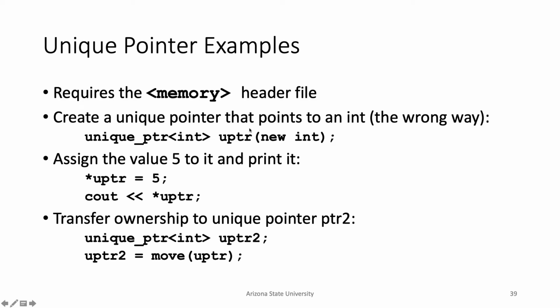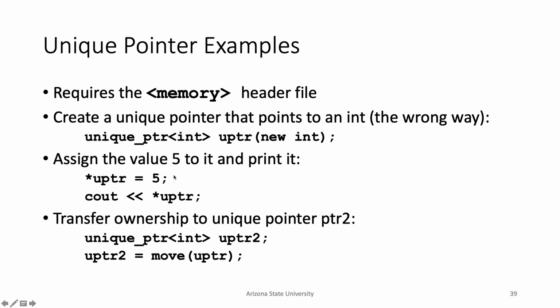But the nice thing about uptr is it overloaded the star operator. So in fact, I can look at the address of this pointer, or I can look at the value by calling the dereference operator. It works exactly the same as a normal pointer, which is really nice.